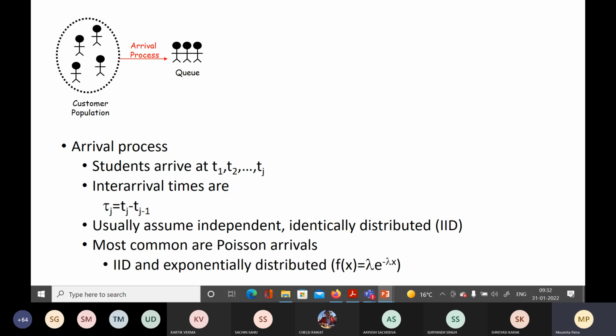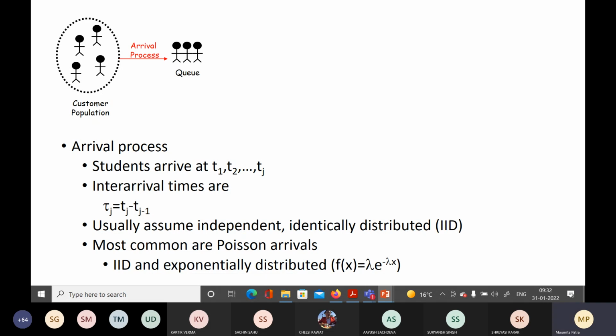Following some distribution, they enter your system, and that is known as your arrival process. Here an example has been given of students arriving into a computer lab, where there are many computers that these students will use to do their work.